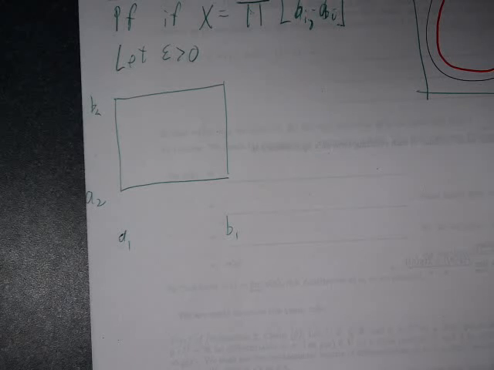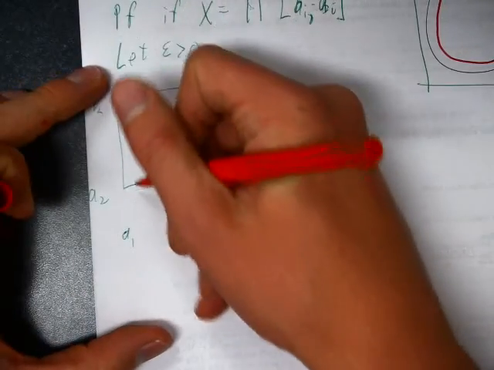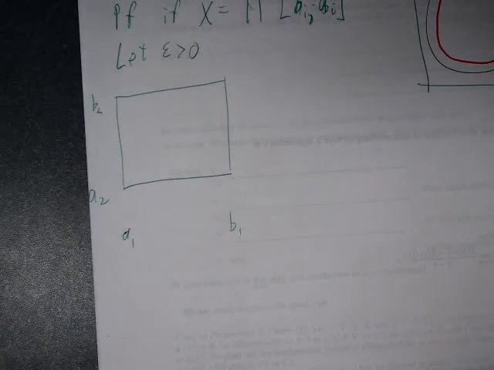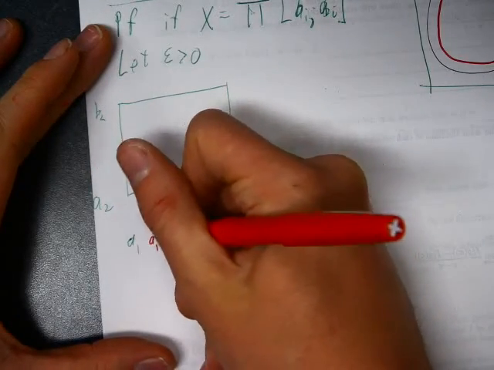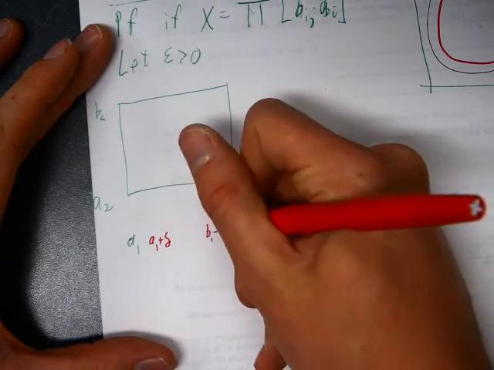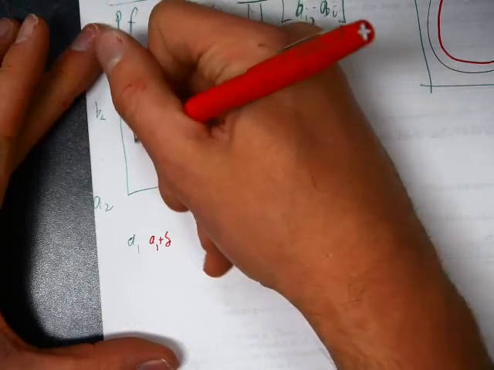You have to be going from A1 plus epsilon to B1 minus epsilon. Yeah, I won't use epsilon. This will be the job of the delta. So there's A1 plus delta, B1 minus delta, and the same thing vertically.